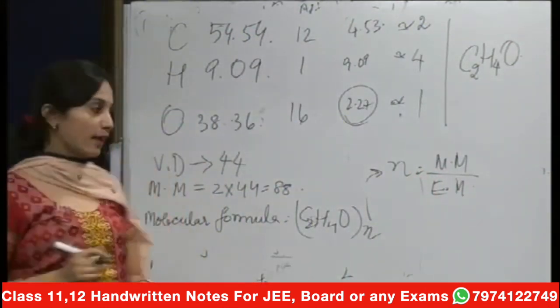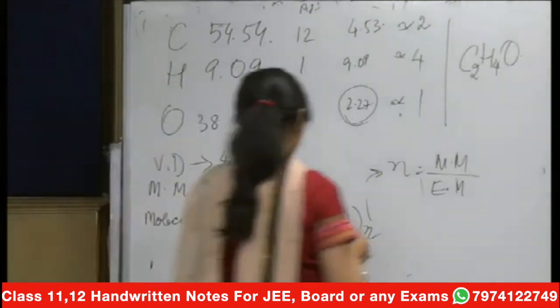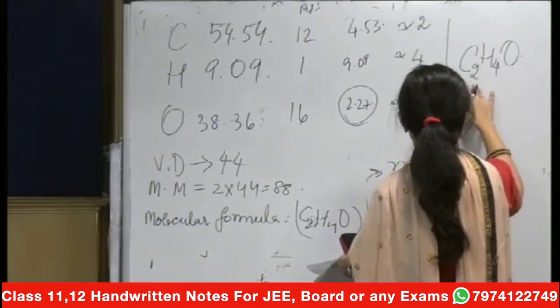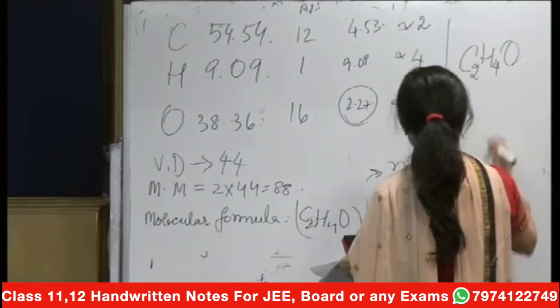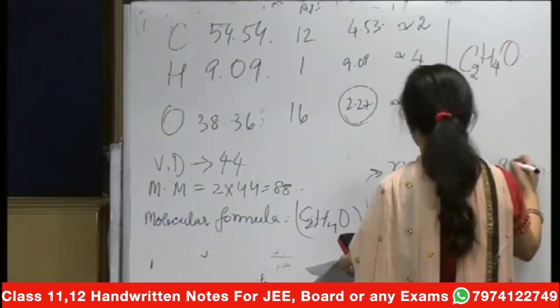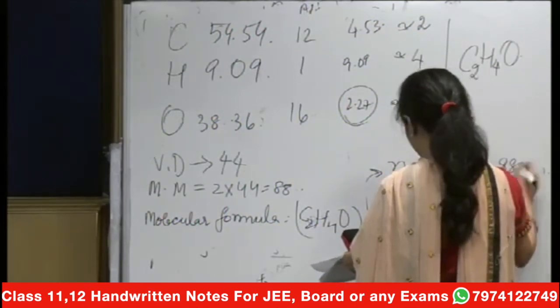Your empirical mass will be 12 times 2, that is 24, plus 4 plus 16, so that will be 44 only. So you have 88 divided by 44, and that's equal to 2.